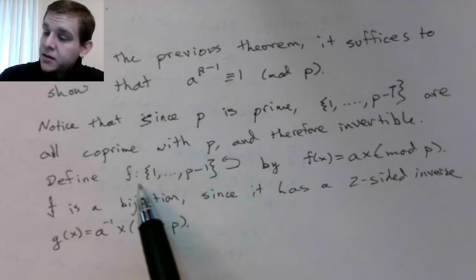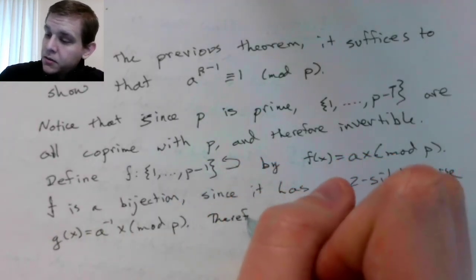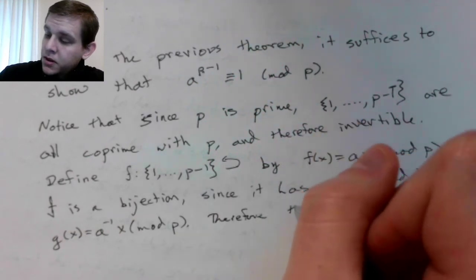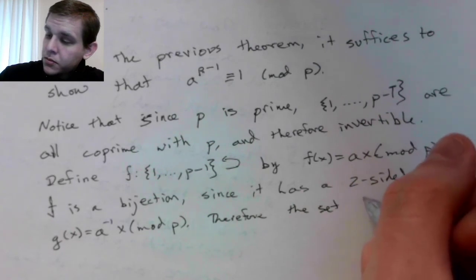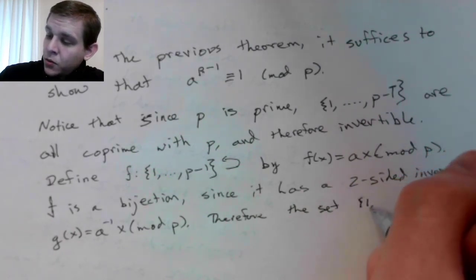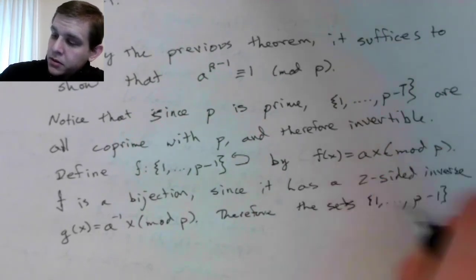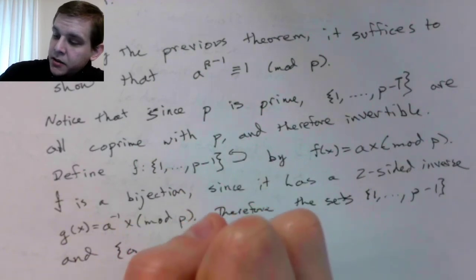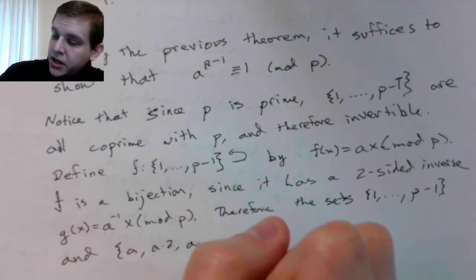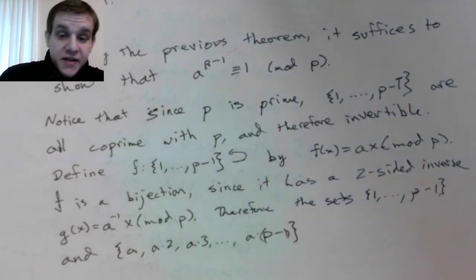Which means that the sets 1 through p minus 1 and the sets a times 1, a times 2, a times 3, up to a times p minus 1, these are the same sets.